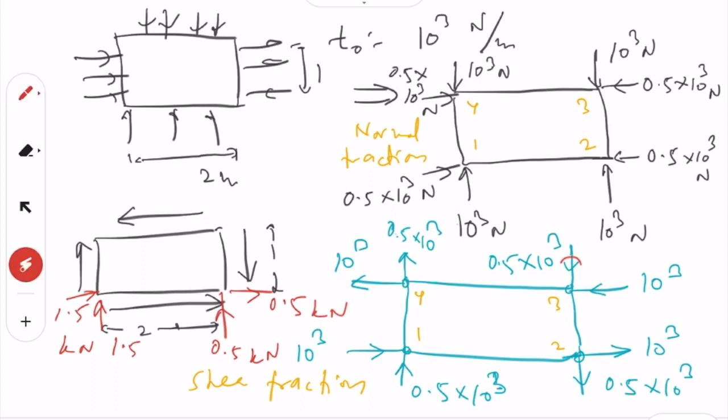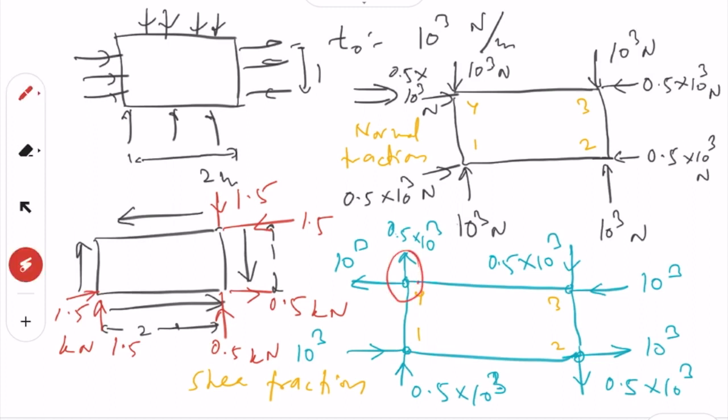Look at here, this way is 0.5, this way is 1. So this is 1.5, 1.5. Now down is 0.5 and this is 1. So 1.5, 0.5.